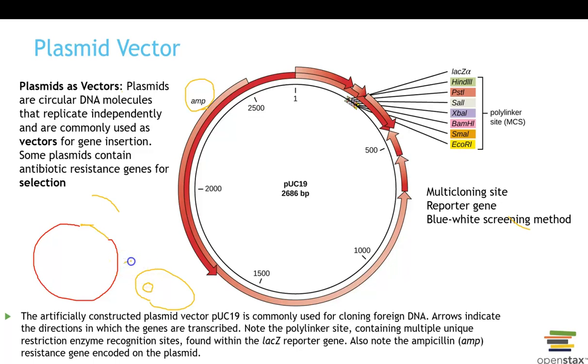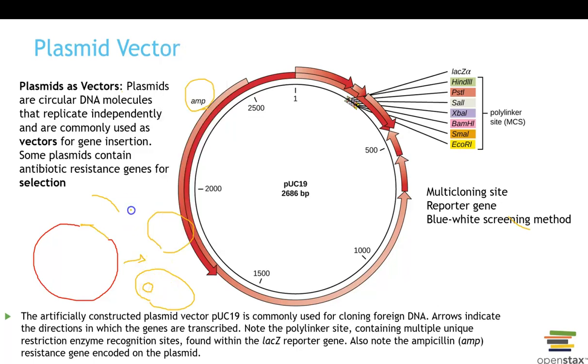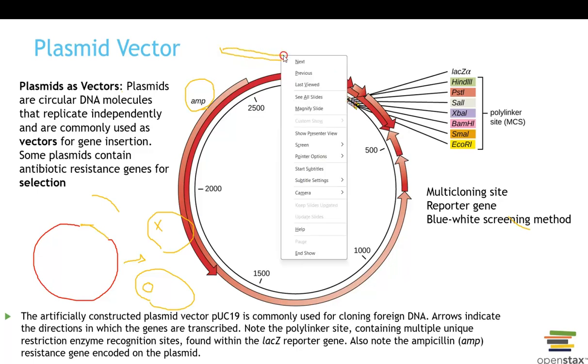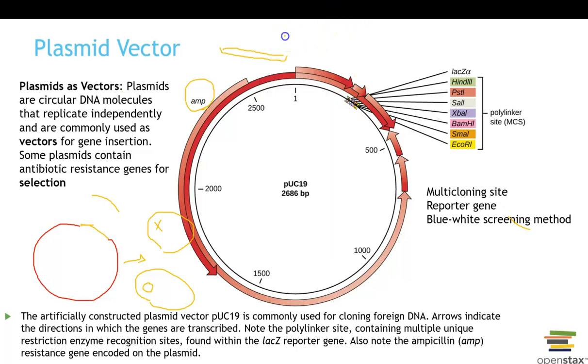So when we do the transformation, some of the bacteria may get the plasmid, some of them may not get the plasmid. So what we're going to do is culture the bacteria after transformation in our media, and this media has ampicillin in it, so it has antibiotic.